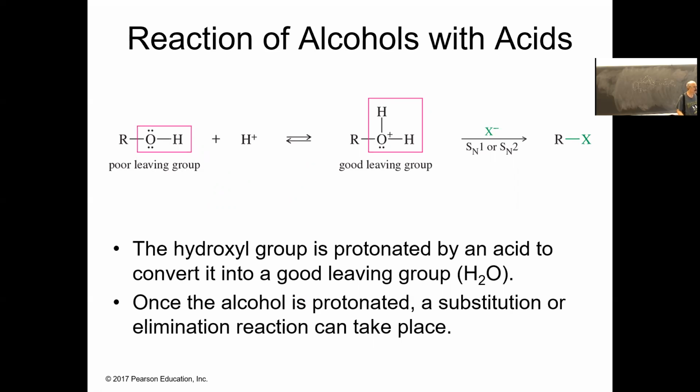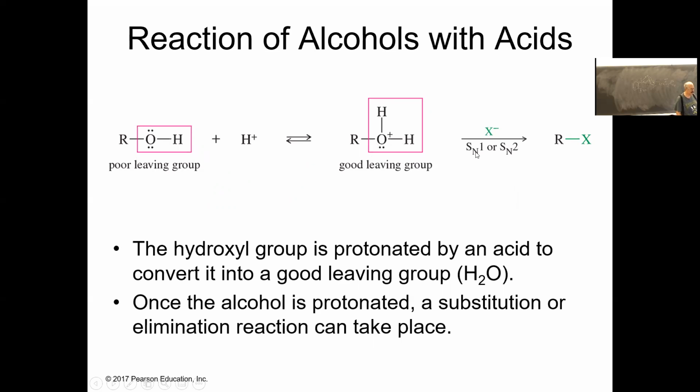All right. Like water, alcohols are weak bases, and so they can react with strong acids to form this oxonium ion. And then using a nucleophile, we can do a substitution.